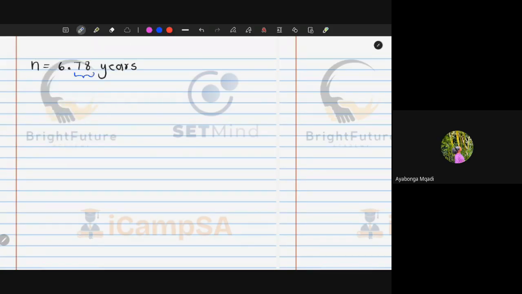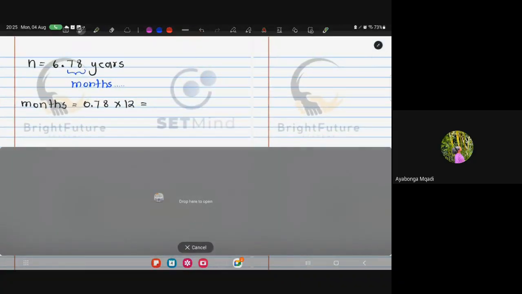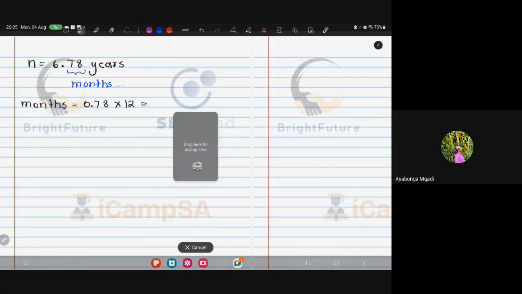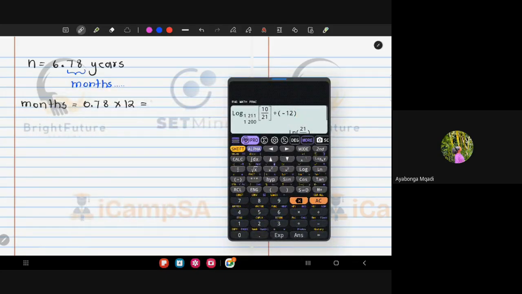So in order for us to get the months, we are going to take that decimal place, which is 0.78, then multiply it by 12. So what do we get? 0.78 by 12. Let me pull my small calculator. It's 9.36.